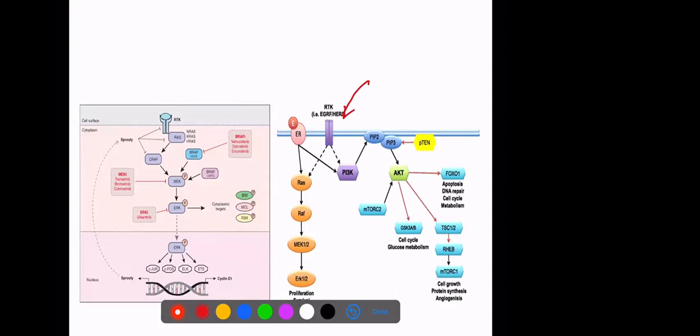There is going to be a receptor in the membrane. The growth factor activates the receptor, and further it activates different pathways which lead to a cell proliferative signal, angiogenesis, protein synthesis, etc.